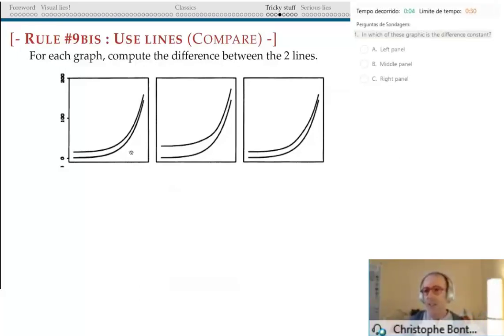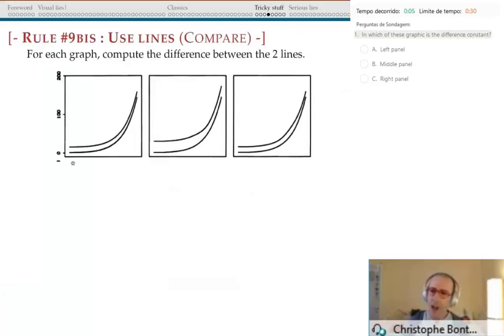In one of these three panels, the vertical difference between the lines is constant. Can you guess in which one? Is it in panel A, the first one, the one in the middle, or the one on the left? Sorry, I skipped one poll, so it may not be easy for Joanna.